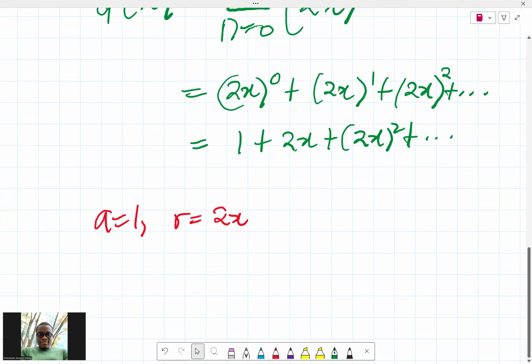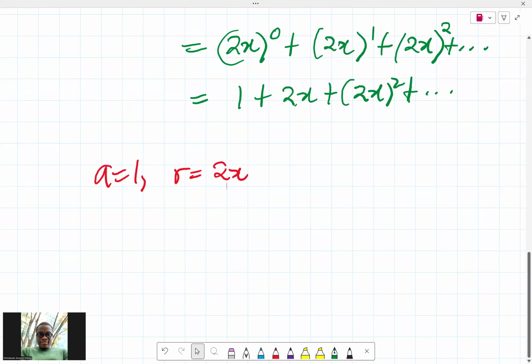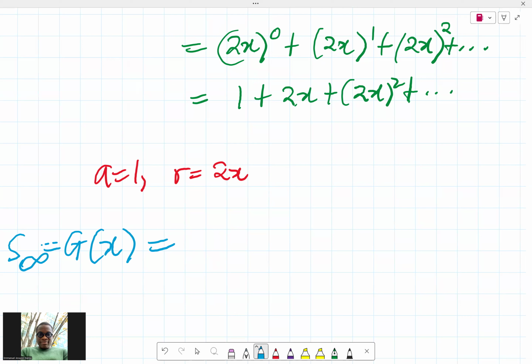From that, G of x will be equal to the sum to infinity, which is the first term over 1 minus the common ratio.